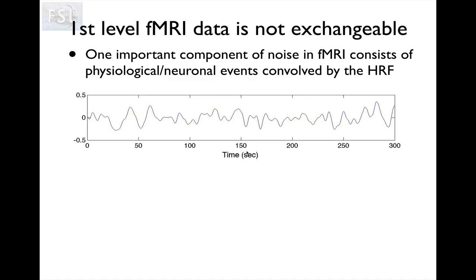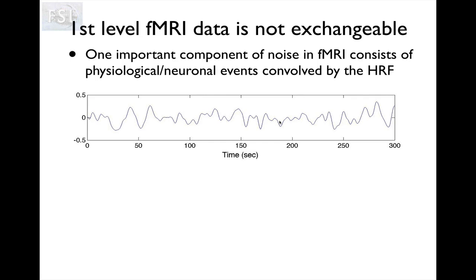So if you want independent measurements, you need to let enough time pass between your individual measurements for them to be independent. And if we look at how the bold signal evolves in the brain, we can see that it evolves gradually and smoothly over time, right? This is because the noise in bold data is mediated through the flow of blood, so it is smooth.